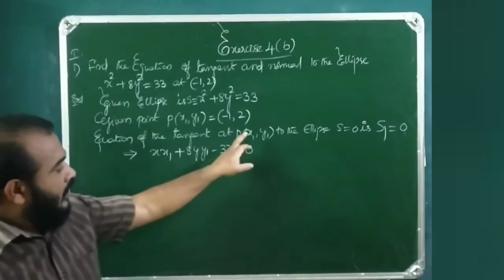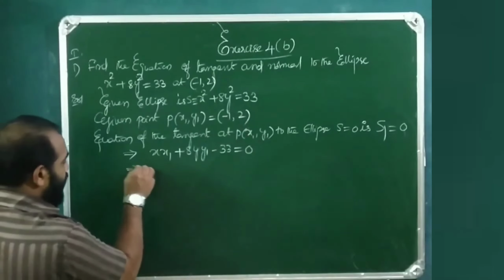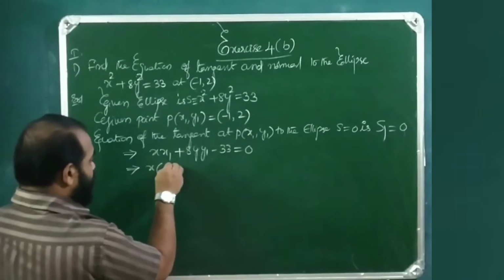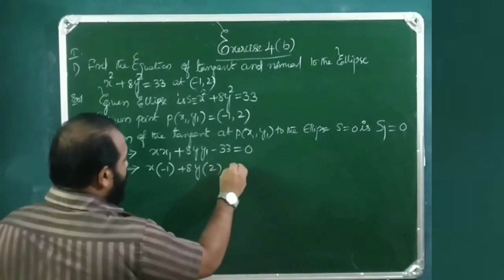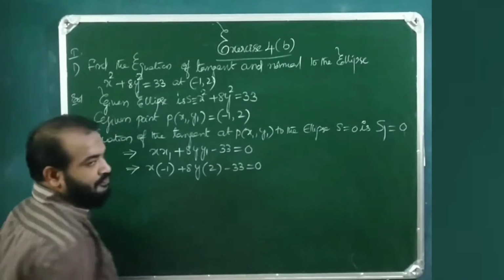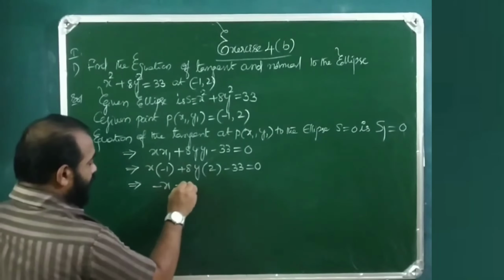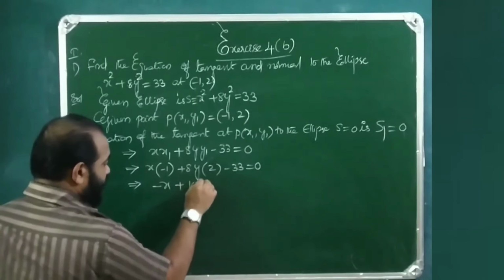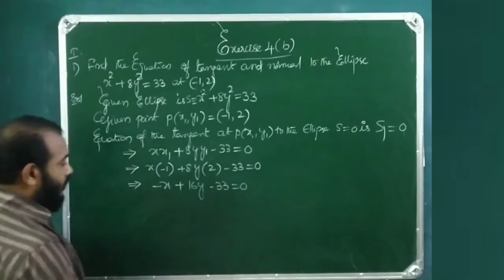The point (x1, y1) is (minus 1, 2). Substitute: x into minus 1 plus 8y into the y1 value 2 minus 33 equals 0. This is minus x plus 16y minus 33 equals 0.